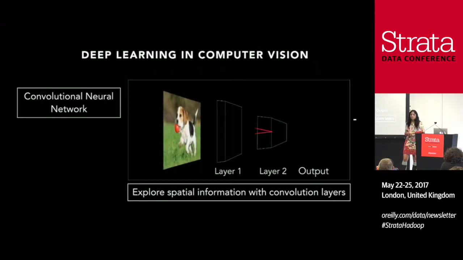So what is the concept behind this? We have a convolutional neural network that has various layers of processing. You feed in the input image, and then each layer here is a set of convolution operations, and then progressively you pool them and refine them and go through the different layers.